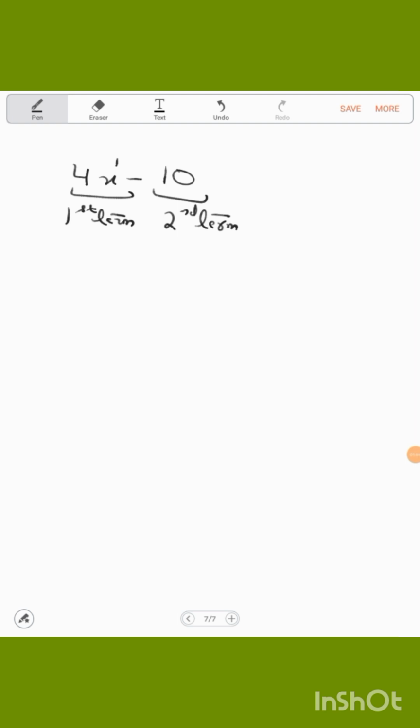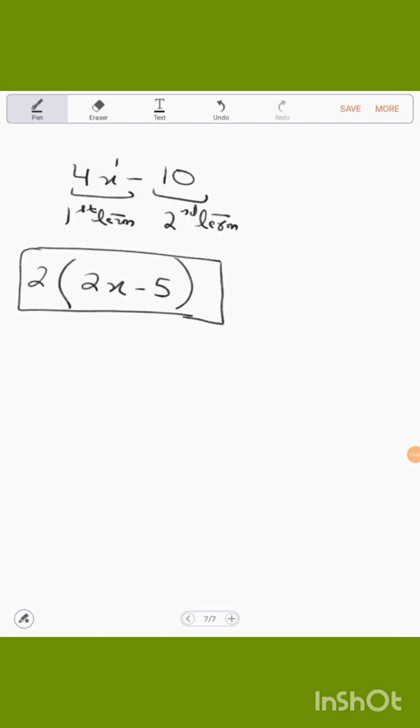Now we are going to judge in which table 4 and 10 come together. 2. So 2 is going to be kept outside the bracket. 2 times 2 is 4. X is going to come as it is with the first term, and 2 times 5 is 10. So this will be your final answer when you factorize two terms.